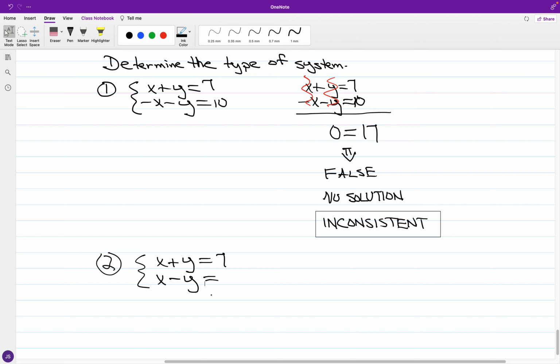So for what I have in this layout, we have x plus y is equal to 7, x minus y is equal to 1.